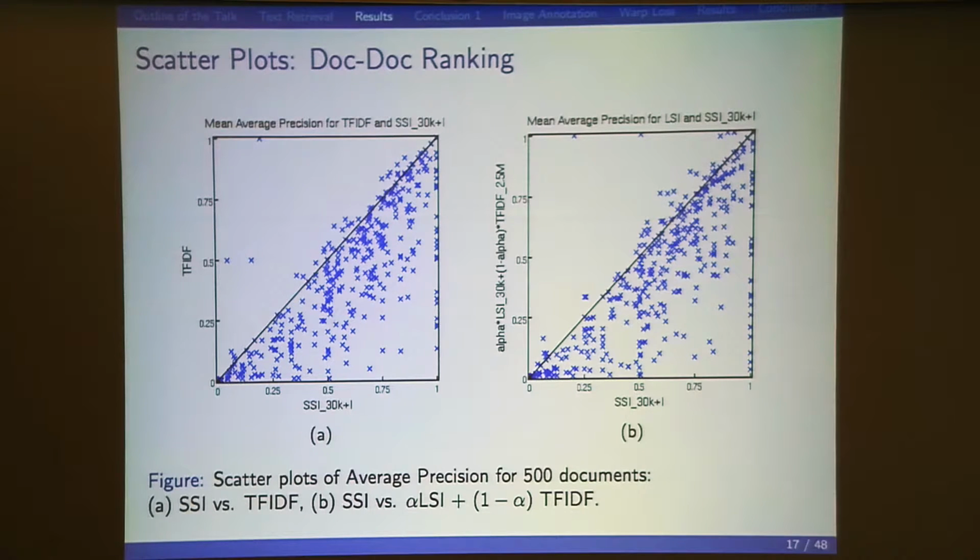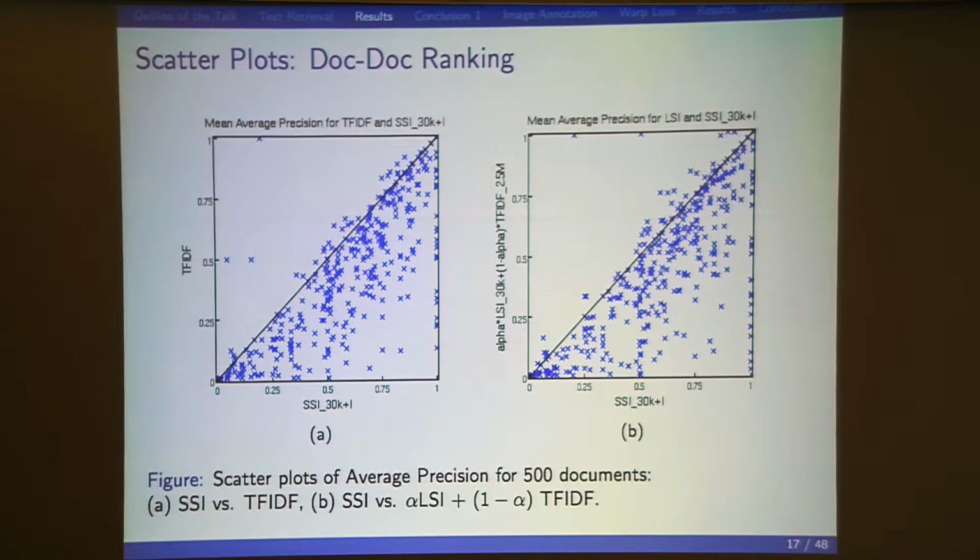And then some scatter plots, per query. Oh no, it's mean average precision, so it's per query. We're comparing our approach, SSI, with just TF-IDF scoring or with LSI.